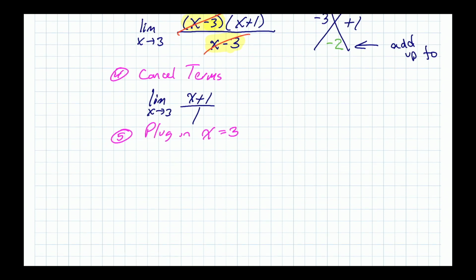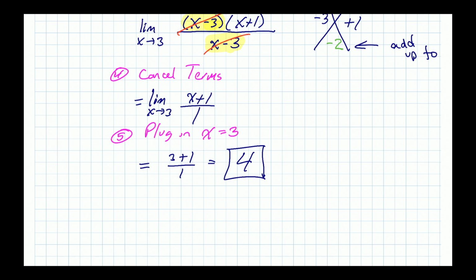So you plug in your x equals 3, you're going to get 3 plus 1 over 1, which is 4. And that's your answer. Okay, and that's the polynomial type.